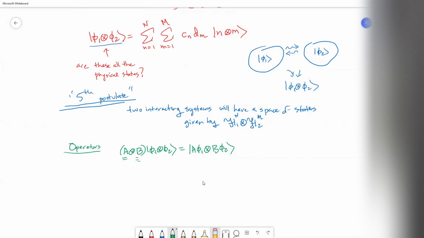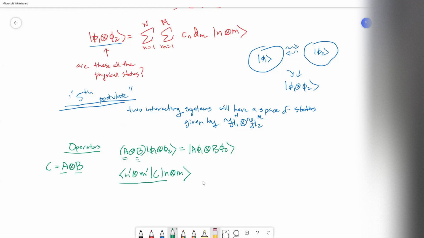And of course, you can construct matrix elements. So this is for an operator that's a tensor product of A and B. What this means is this part, the A, acts on the first system, and this part acts on the second one. And this is how it works.